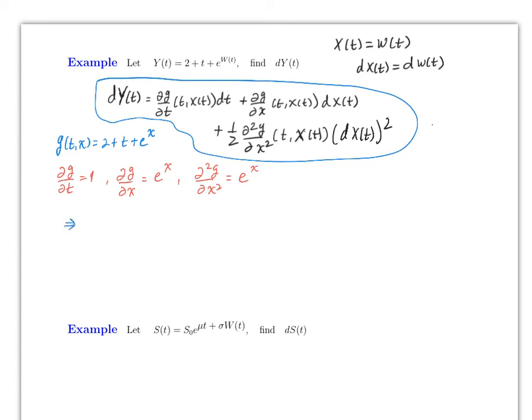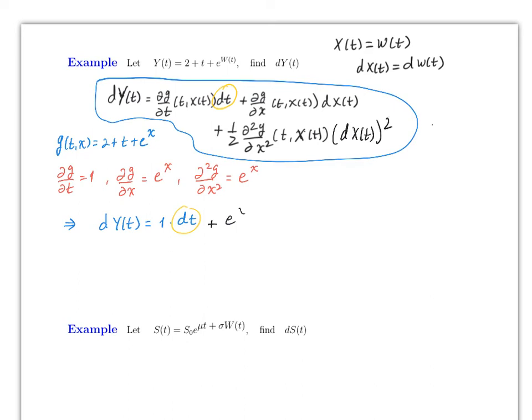So if we plug it into the formula, we will get that dY_t is equal to 1 times dt. Remember that this dt is this one right here, plus dg/dx, which is equal to e to the x.